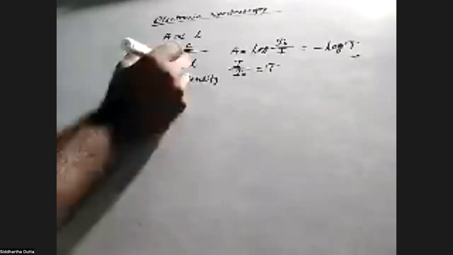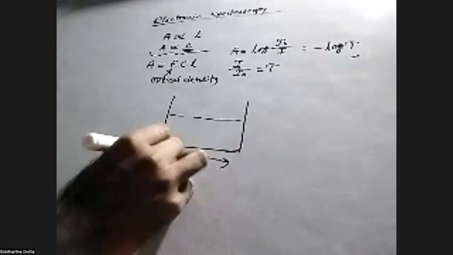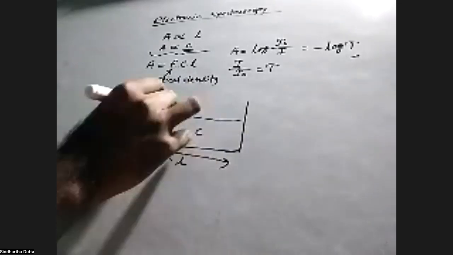What are the uses of the Beer-Lambert law? Suppose this is a cuvette of length L, with concentration C of the solution used.